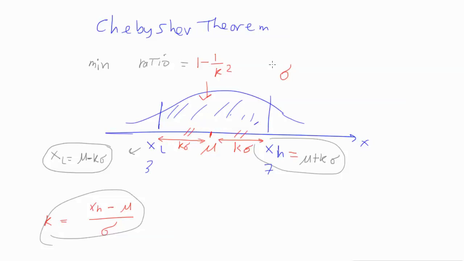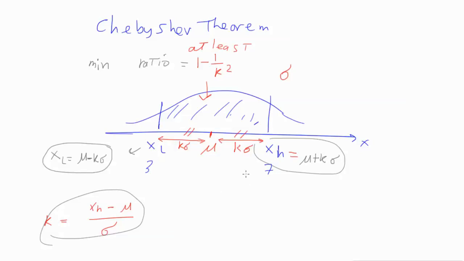It could be more than 30 students, maybe 34, 32, 31, I don't know. So he's not able to tell you the exact amount, only the minimum. That's why the theorem says there is at least 1 minus 1 over k squared as a ratio between this lower value and the upper value.